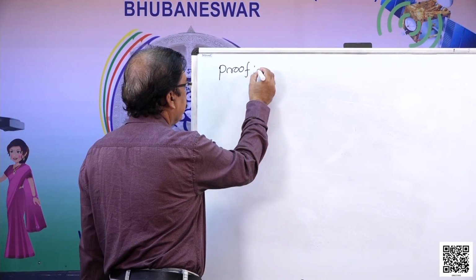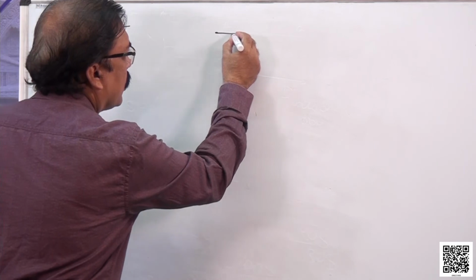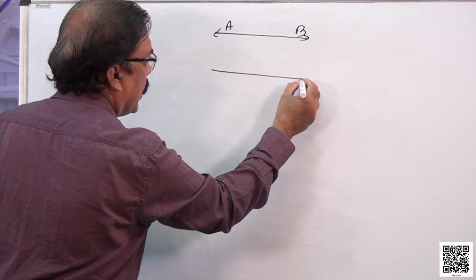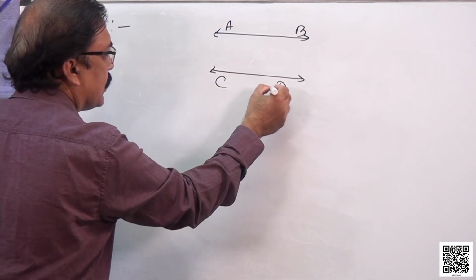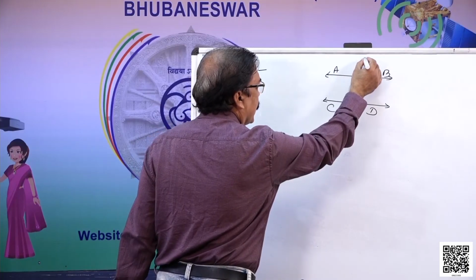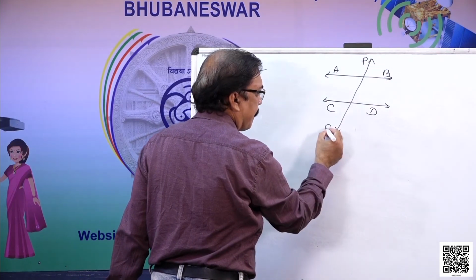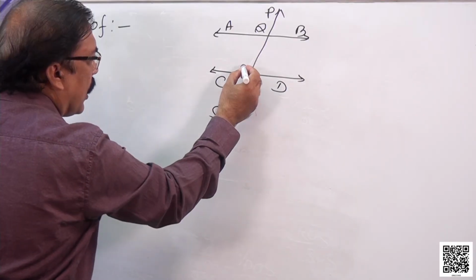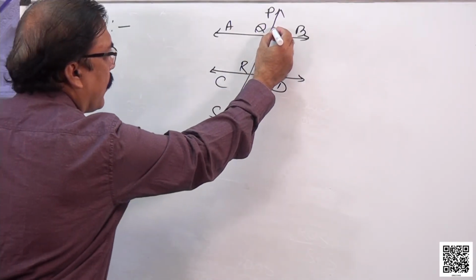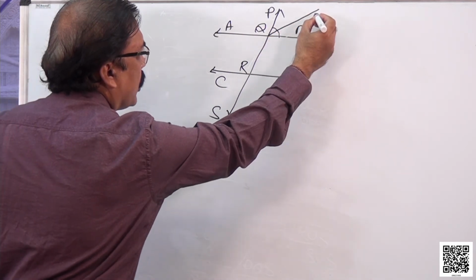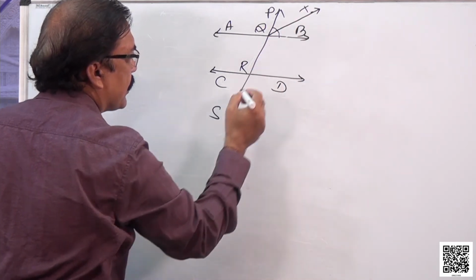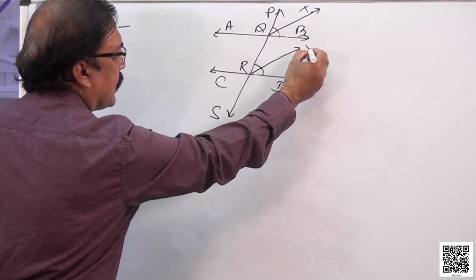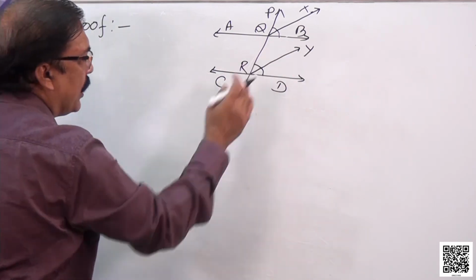Proof. Here, let's draw the figure. AB and CD are two lines and PS is the transversal that intersects them at Q and R. The bisector of angle PQB is QX and the bisector of angle QRD is RY.